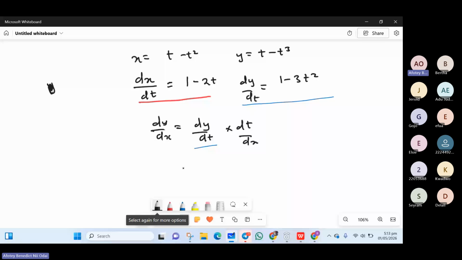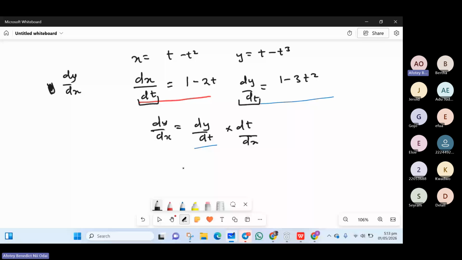Remember that it's with respect to t, so t is in the denominator, and we are looking for dy on the x. So we can rewrite this dy dx in terms of dy dt and dt dx, such that we get two different derivatives that can give us what we've been asked to look for, right?